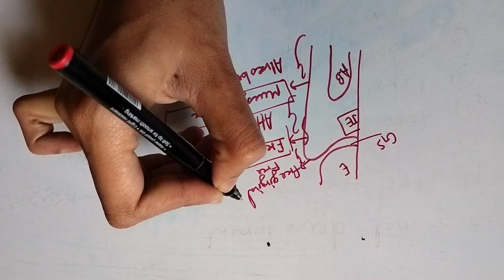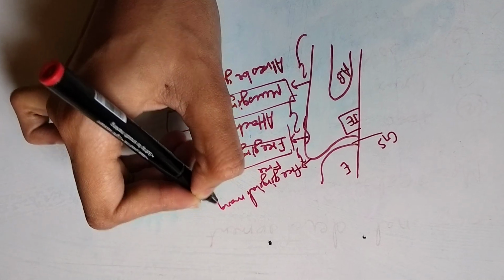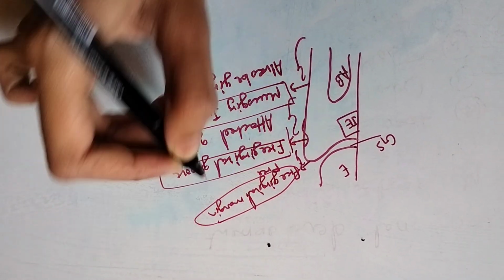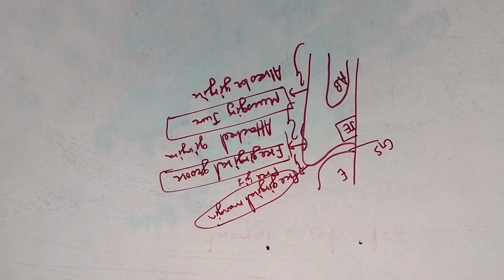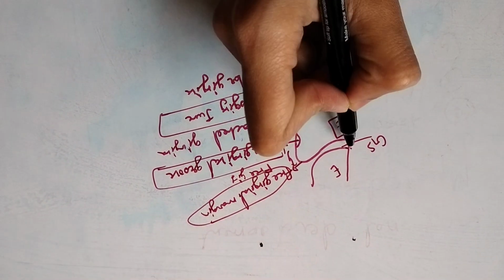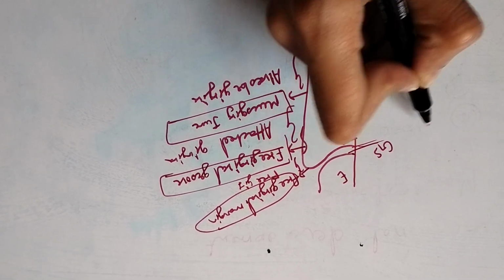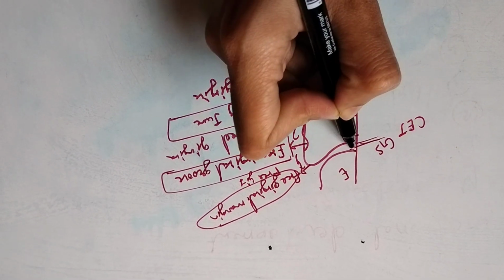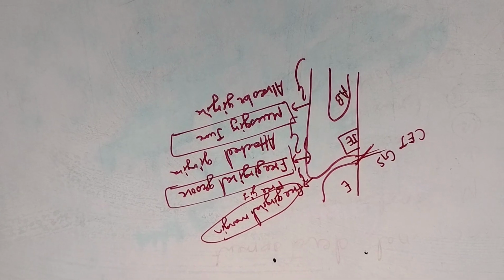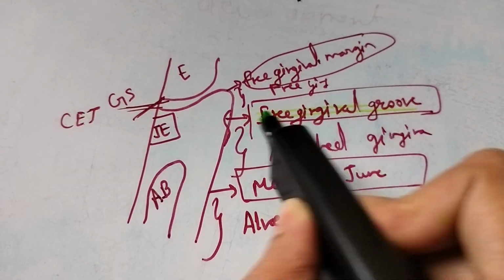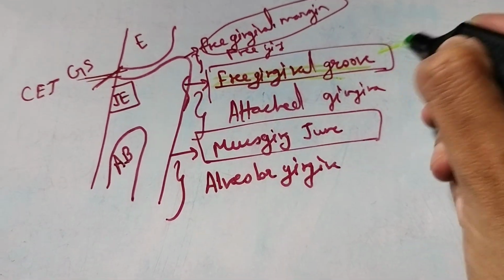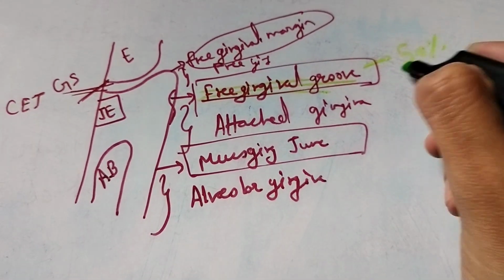Between the free gingival margin and the free gingival groove, there is free gingiva. And here is the cemento enamel junction. This free gingival groove is present in only 50% of patients.